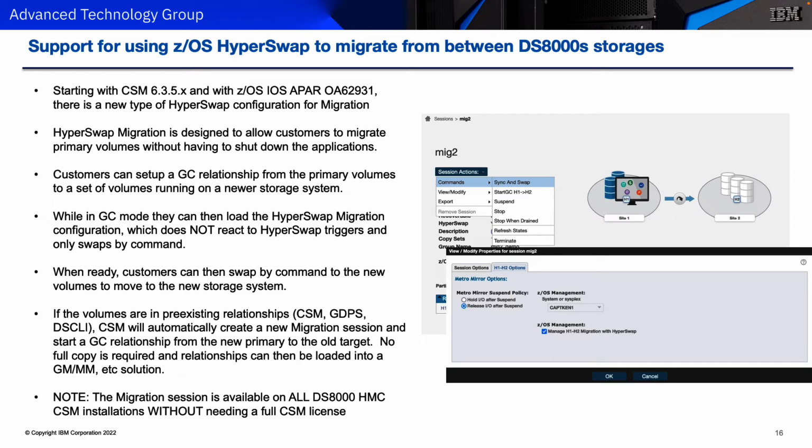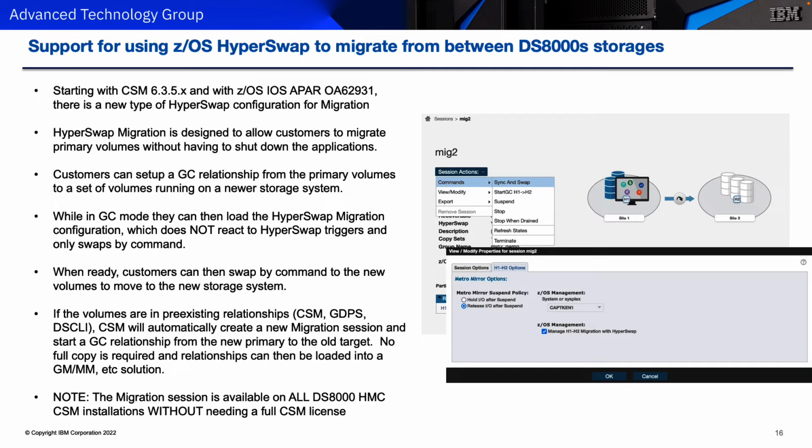It's all built into the CSM migration session, the same session you're doing the secondary migrations on, but you can set it up for the primary side as well now. While you start in global copy mode, it will load the configuration while you're sitting there in global copy mode. And only when you're ready would you then initiate that sync and swap process in order to synchronize things and then swap over to the new storage system.